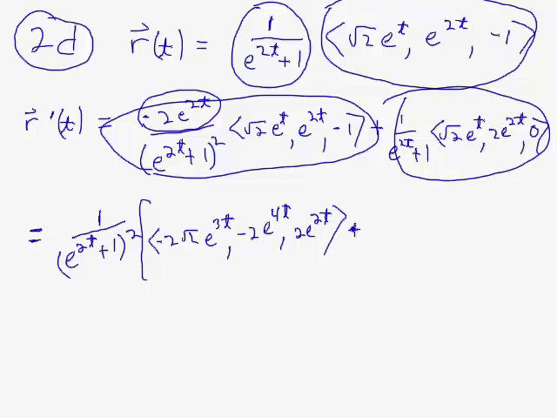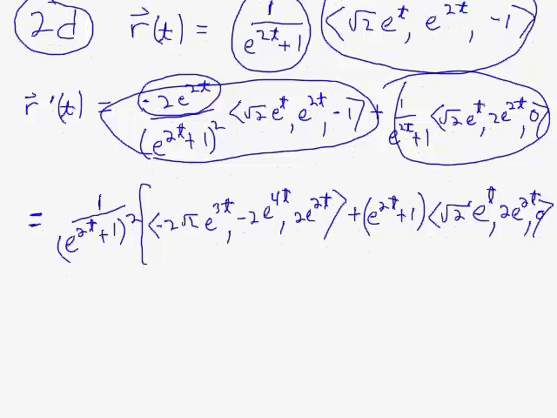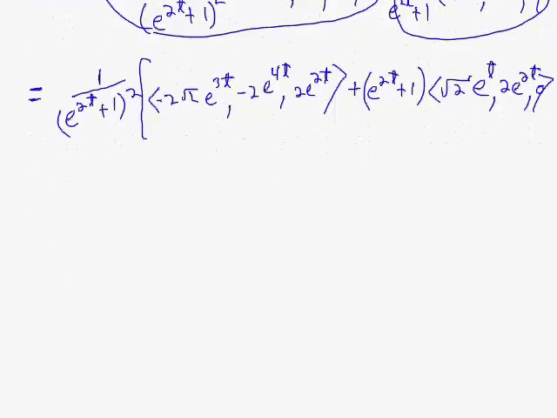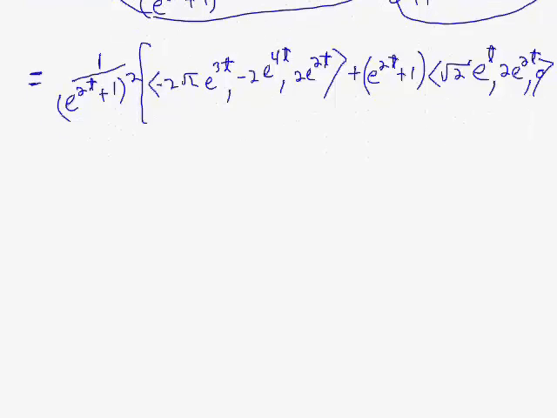And over here I'm left with the factor e to the 2t plus 1 on top. So I'll show that scalar multiplication in a separate step. Let me make some room here. And also I need to close the bracket. Okay.